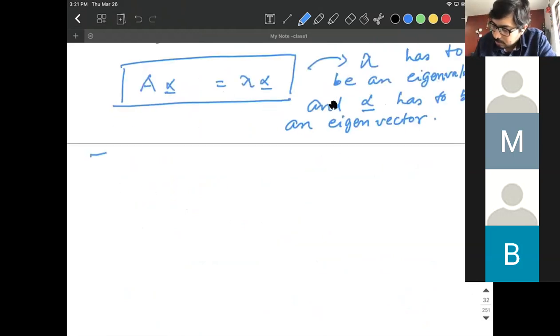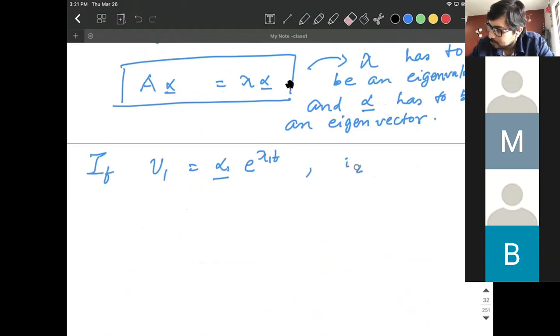Now, if you have two such solutions, let U1 and U2, which is, let's say, alpha 2 under bar e to the lambda 2t, be two solutions.